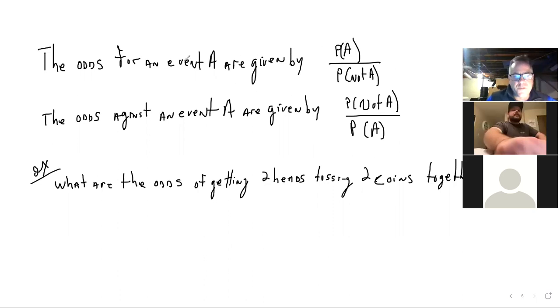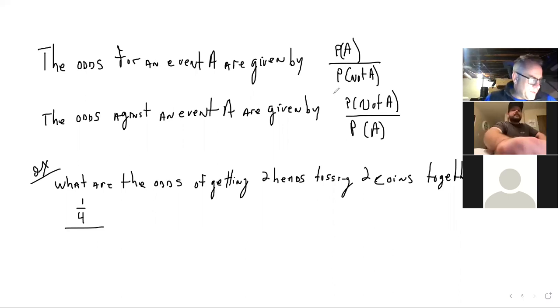Now remember that means for an event occurring, the probability of A divided by the probability of not A. So the probability of getting two heads when tossing two coins, that's got to be 1/4. That was 1 out of 4 possibilities when throwing two coins.